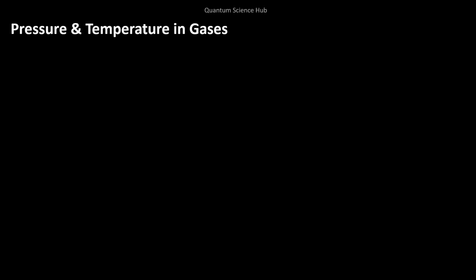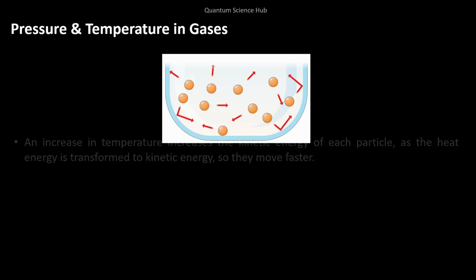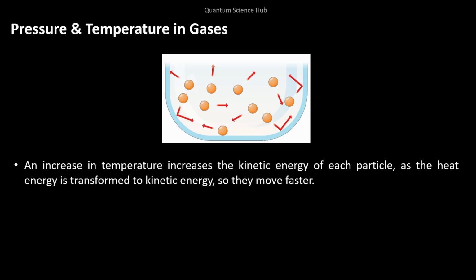Now let's talk about the effect of pressure and temperature of a gas in a closed container. So note that the pressure of a gas comes from its particles colliding with the walls in a container. An increase in temperature increases the kinetic energy of each particle, as the heat energy is transformed to kinetic energy, so they move faster.